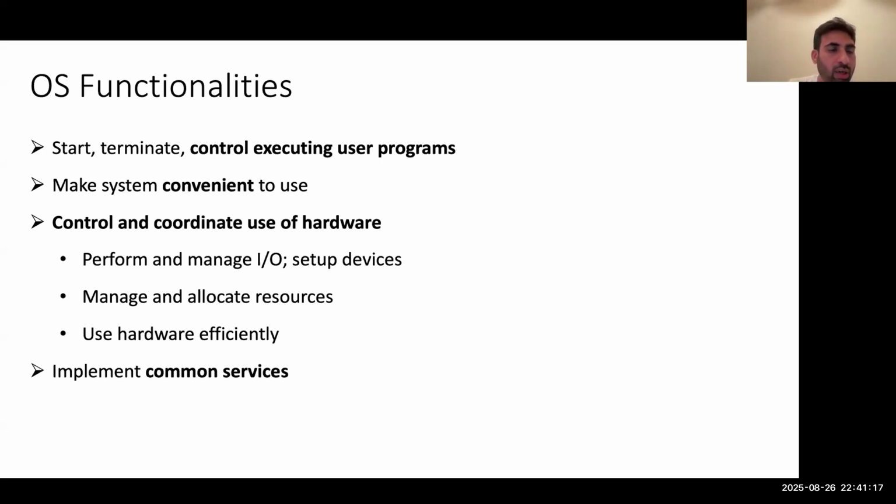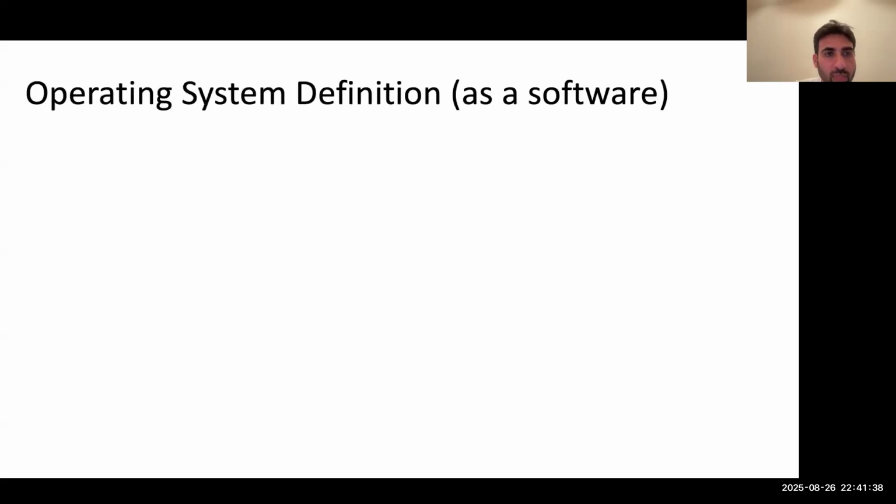Also, the job of the operating system is to implement common services, those services which are requested by multiple applications. For example, if multiple applications want to get input from the keyboard, then it should provide this service of handling the input from the keyboard for multiple applications. How? We will talk about it later, right?